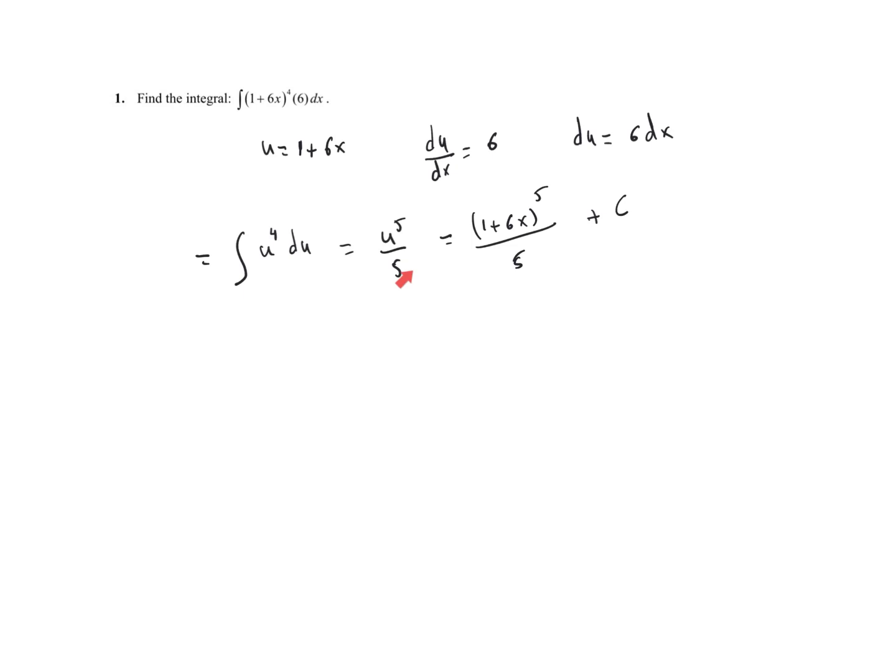Now the problem is not solved yet. You cannot stop here. You have to keep going. What is u? 1 plus 6x. So you rewrite it as (1 plus 6x) to the power 5 divided by 5 plus C. This is the final solution.